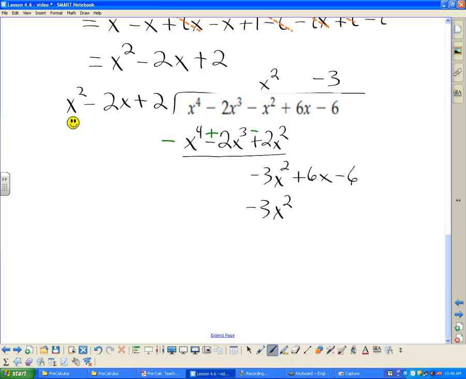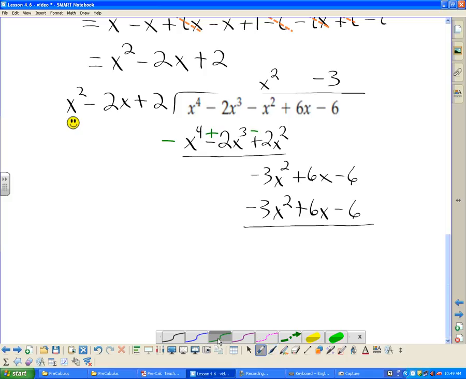Negative 3 times negative 2x is positive 6x. And negative 3 times 2 is negative 6. And when we subtract, change the signs, we should notice that this completely comes to 0, and that should not surprise us because x squared minus 2x plus 2 was a factor, so we shouldn't have a remainder.